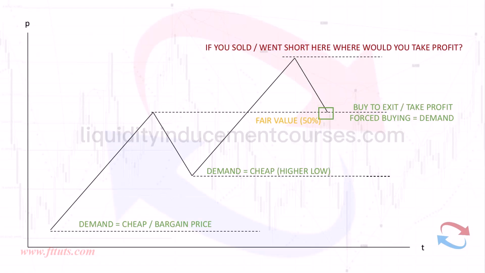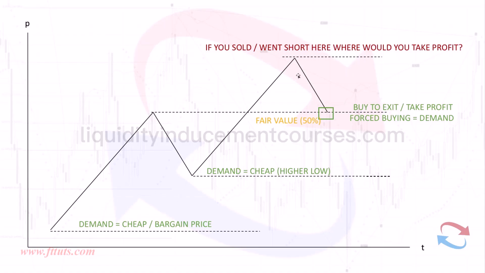Now let's look at an example of a level where we have to identify where willing buying and willing selling is potentially taking place. Let's start off up here. If you sold or went short, and you managed to pick roughly the highs, where are you likely to take profit?